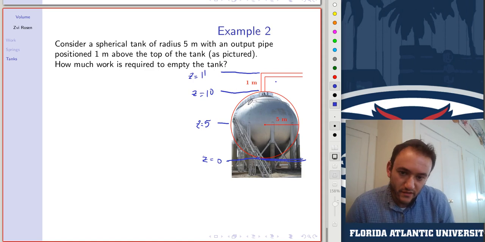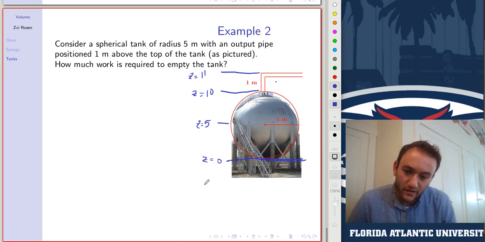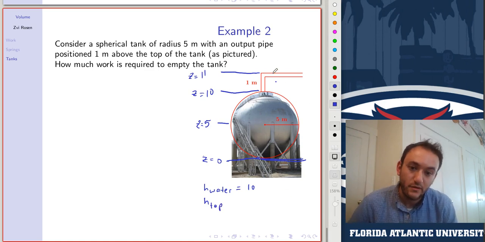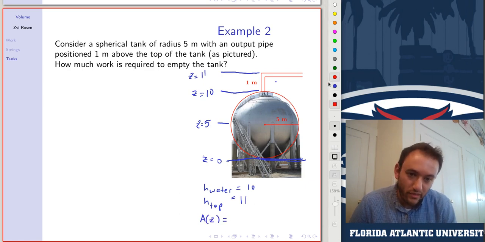If we assume the tank is full of water, the height of the water is 10, and h top, the place where the water leaves the pump, is at 11. What we need now is the area of the cross section at height z. To do that, we're going to note that the cross section at height z is a circle.